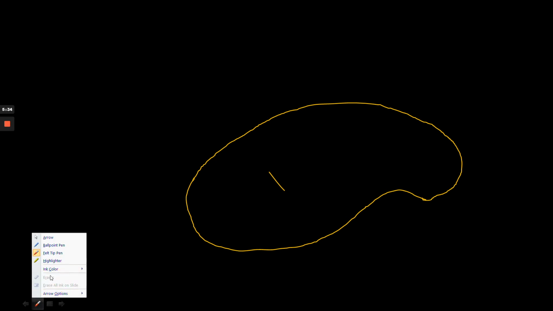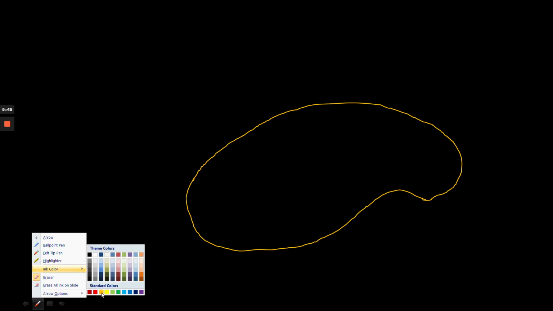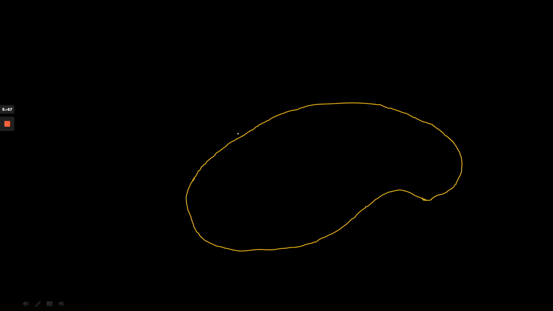Right, so it is a double membranous organelle. So this is the outer membrane here, and I'm going to draw the inner membrane now. And the inner membrane is not smooth like the outer membrane, so it will be like this.